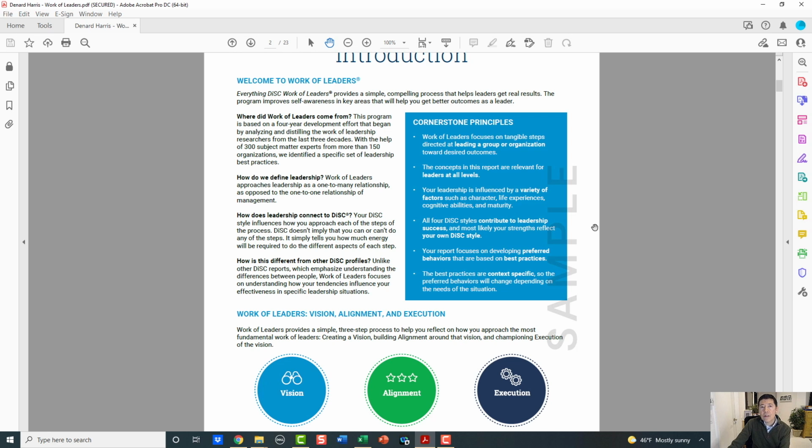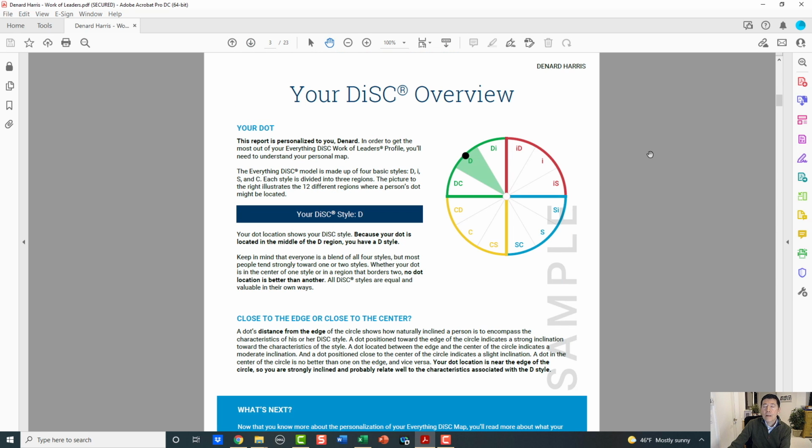As I mentioned, DISC is at the core of this report, and it's important for the leader to understand their DISC style and then to go from there in understanding their strengths and challenges in three key areas of leadership: vision, alignment, and execution. So it starts with an understanding of their DISC style.